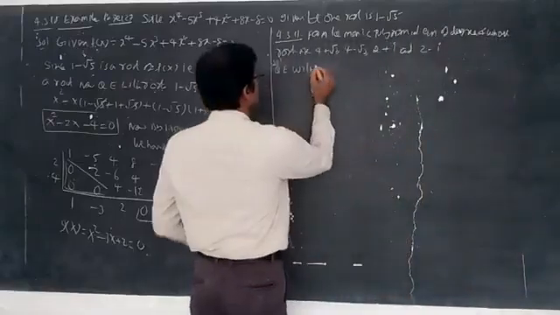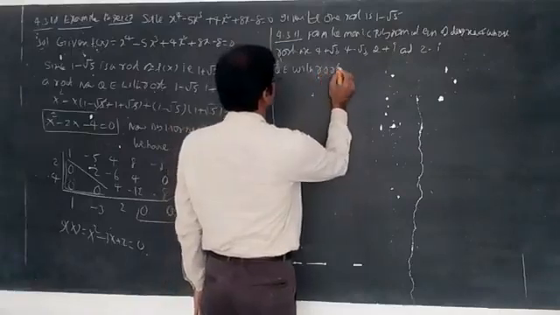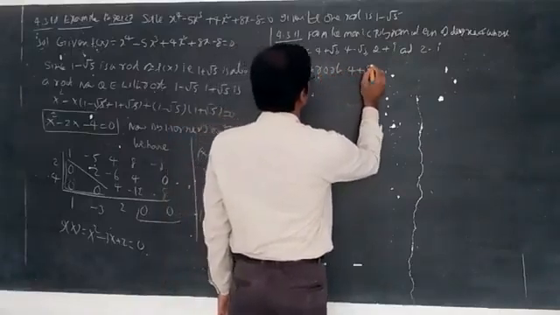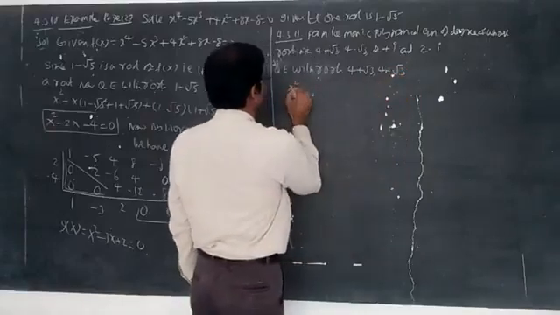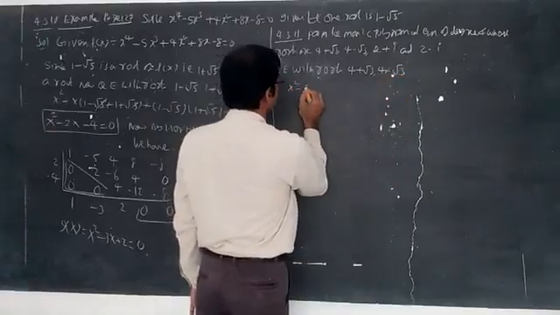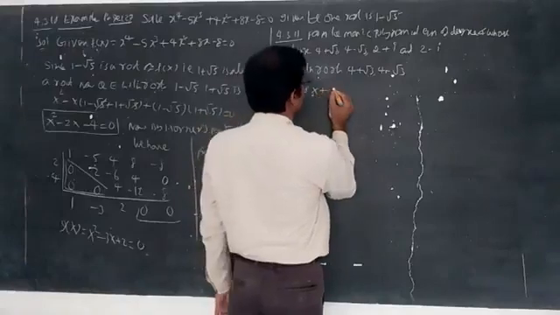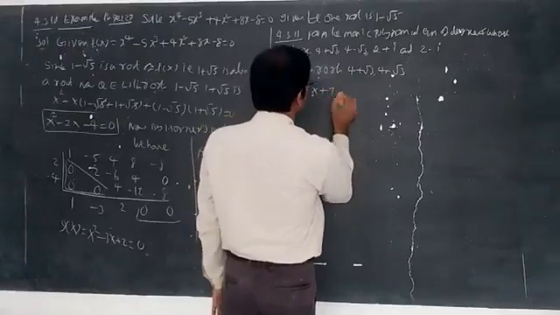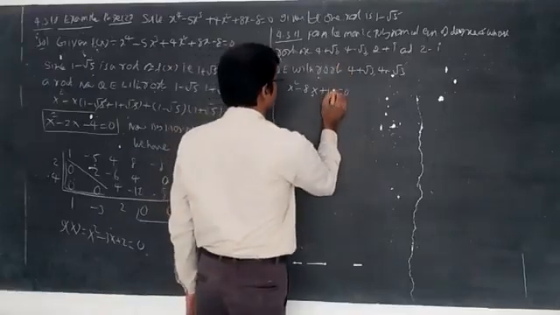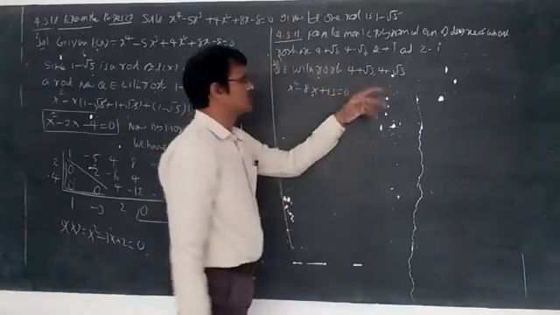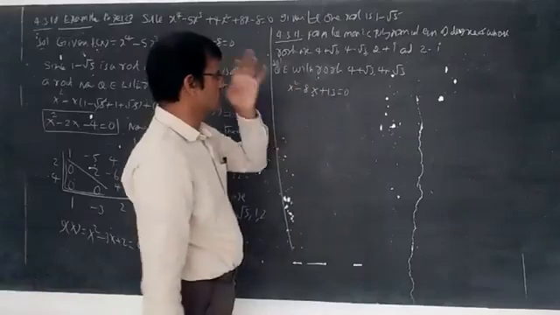The QE with roots 4 plus root 3, 4 minus root 3 you can write as x square minus x into sum of roots plus product of roots. The product is 16 minus 3, which is 13. The sum is 8.